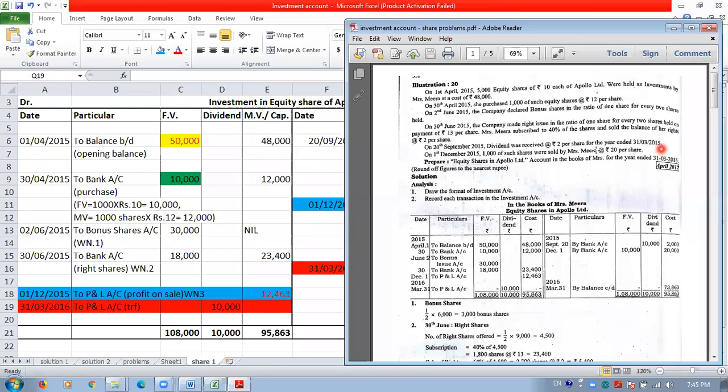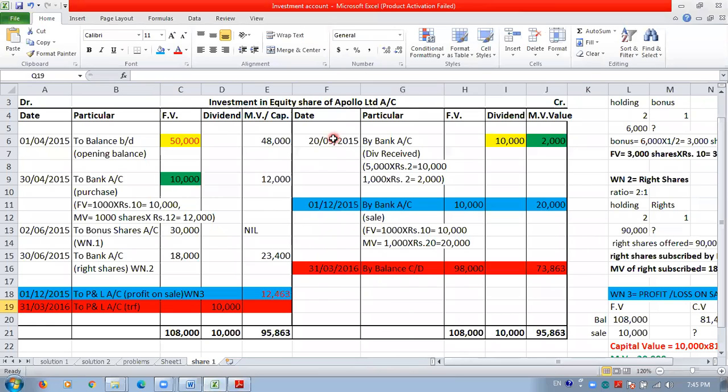So it is declared 2 per share for 31st March 2015, on 20th September. So likewise we have to enter this here on 20th September 2015. Dividend is received in bank or in money form, that's why we entered here by bank account.